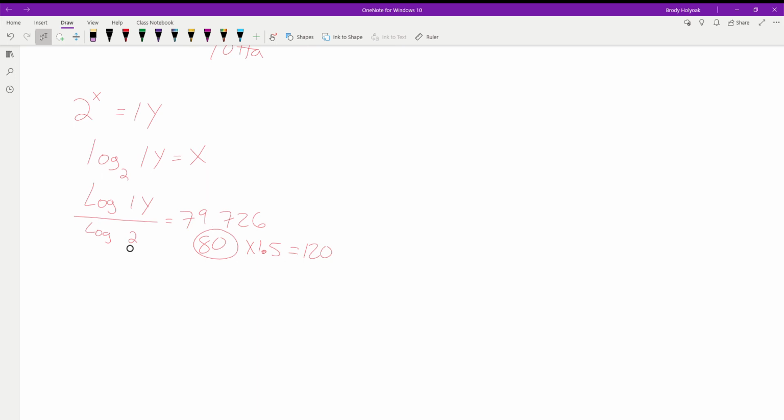For this conversion to work, because our calculators cannot do this function, this is what we have to do: log base 10 of the argument divided by log base 10 of the base. That's how we have to put it into our calculator to solve it.